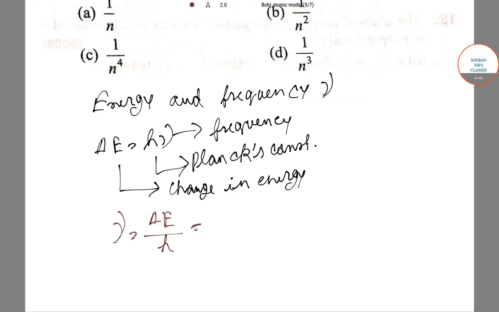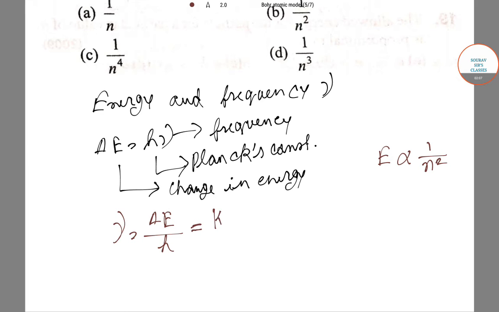So now we can write this as: energy is proportional to 1 by n square. We take any constant k.